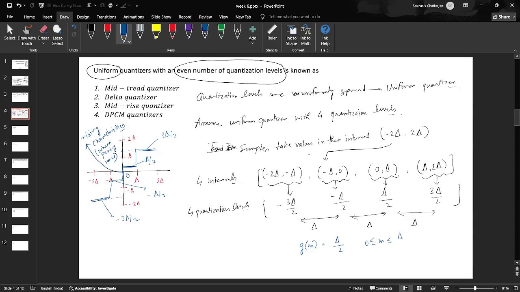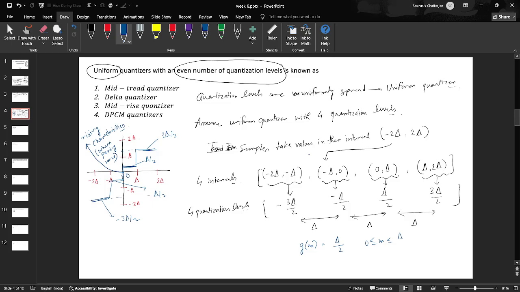But this uniform quantizer with an even number of quantization levels shows this particular behavior always, no matter if your quantization levels become 6 or 8. As long as it's even, whenever you draw the characteristics, you will see that it has a rising characteristics when it's passing through the m equal to 0 point.